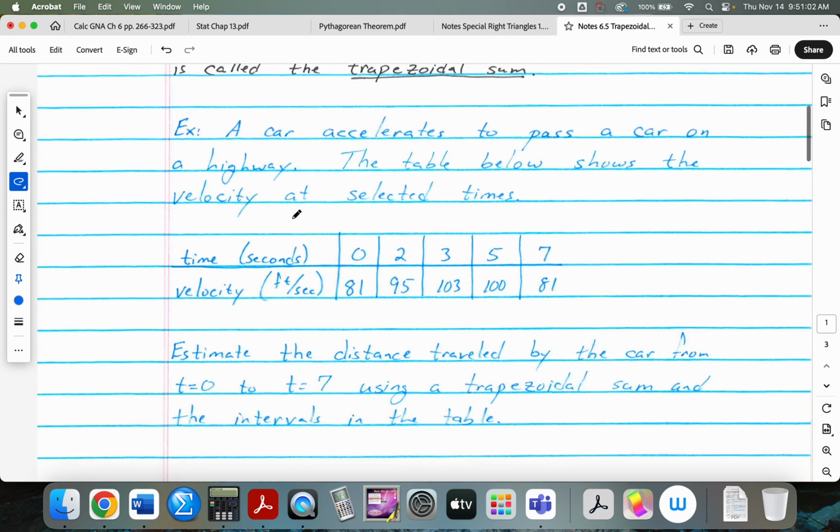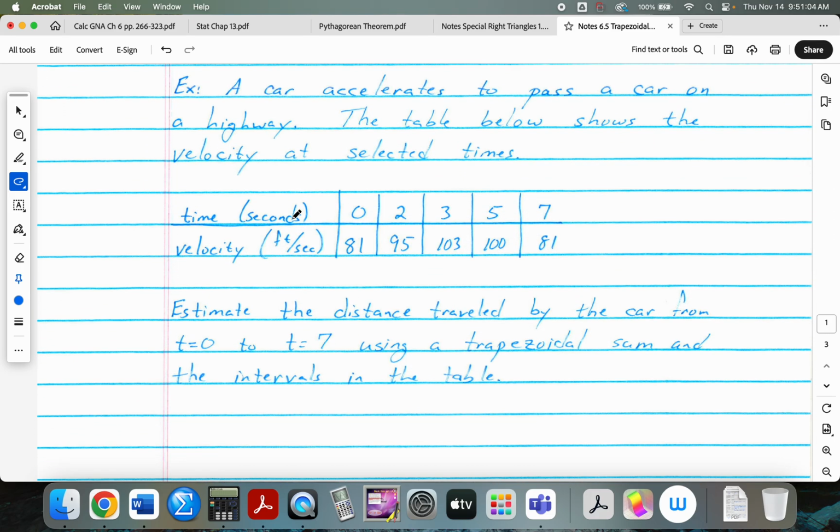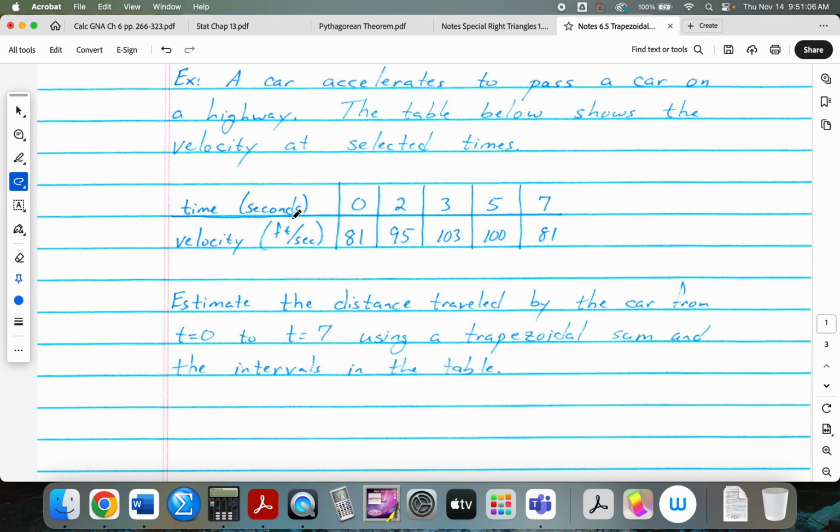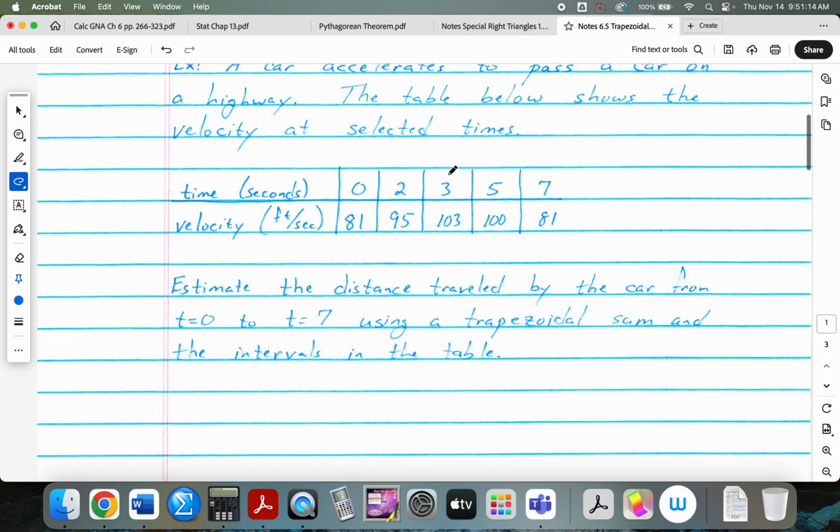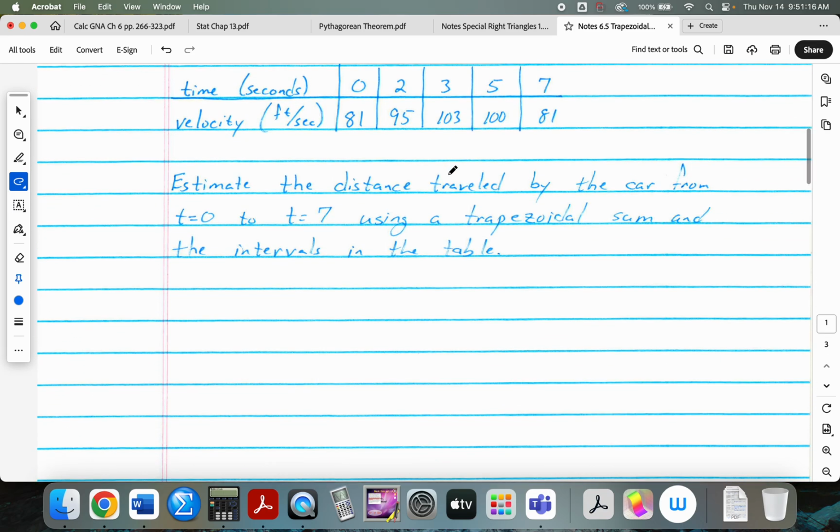So, for example, a car accelerates to pass another car on a highway. The table below shows the velocity of, I'm assuming, the first car at selected times. It says, estimate the distance traveled by the car from t equals 0 to t equals 7 using a trapezoidal sum and the intervals in the table.